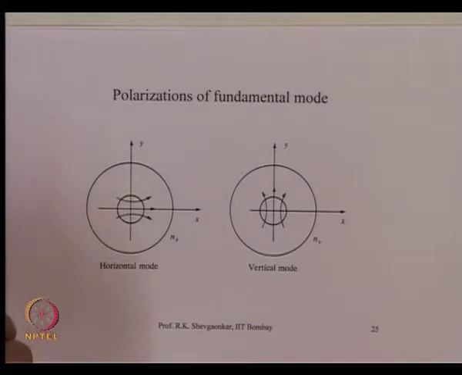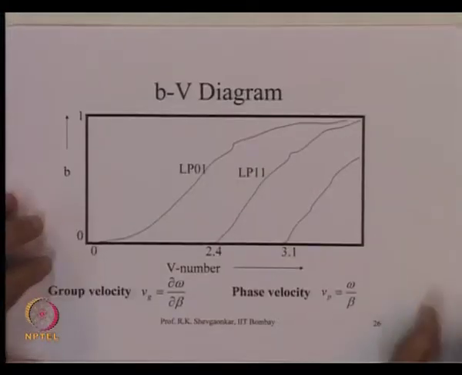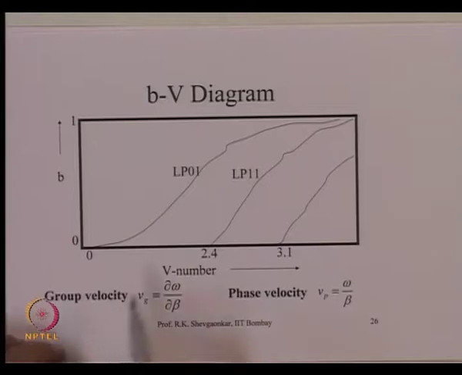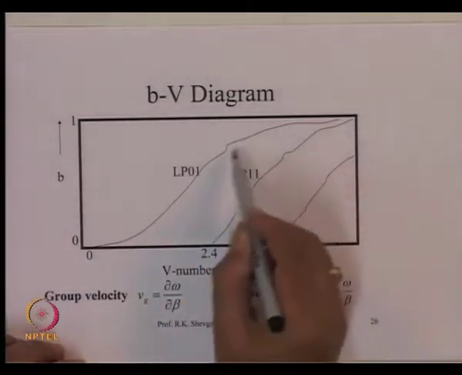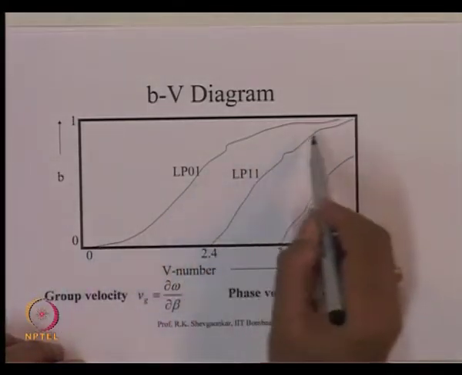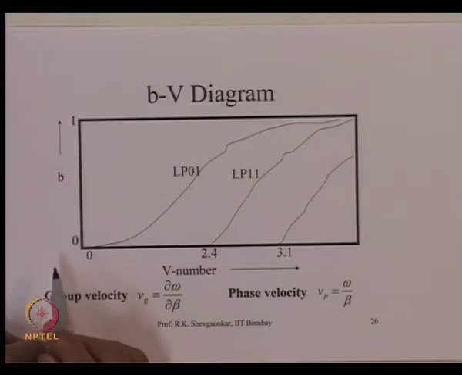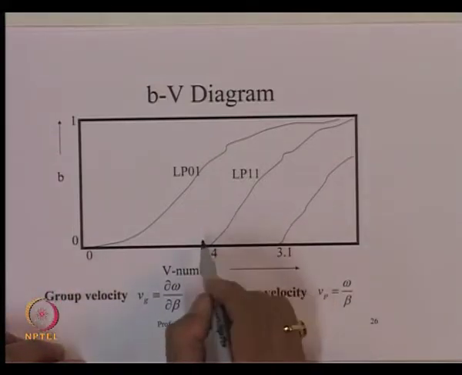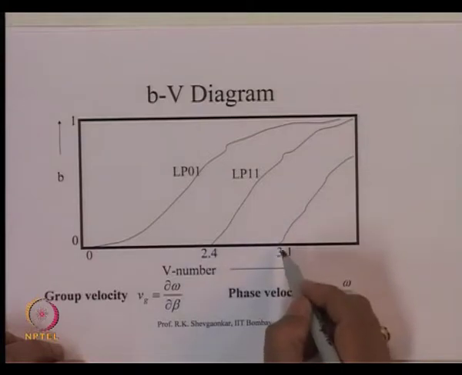So, if I now look at the BV diagram for the LP modes, as we have seen, the HE11 mode has become LP01 mode. So, this is more or less same as what we saw earlier. The cluster of three modes has now become LP11 mode, and then so on.